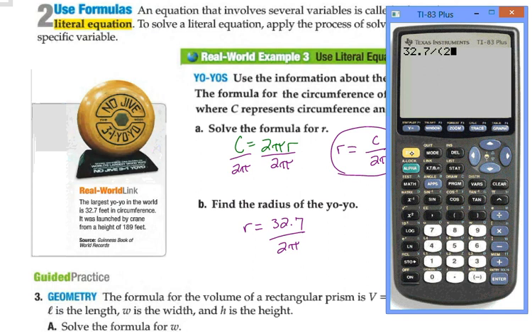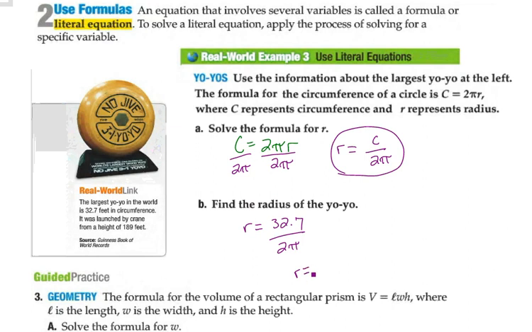So I'm going to say 2 times pi. So second caret, close that parenthesis, and what do we get? About 5.2. Let's look at this. We're talking about feet. So the radius of our yo-yo is about 5.2 feet.